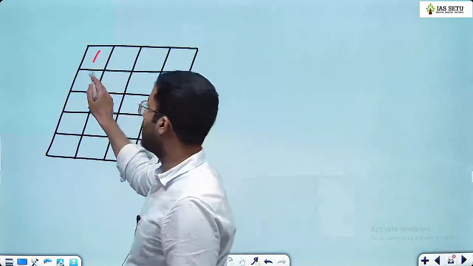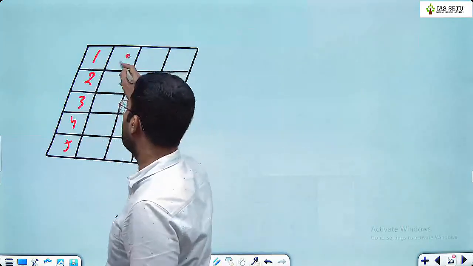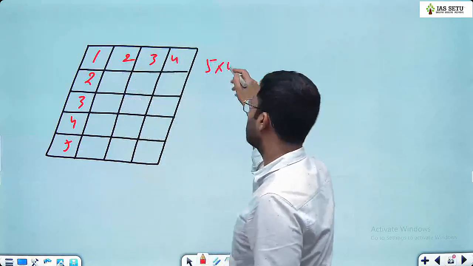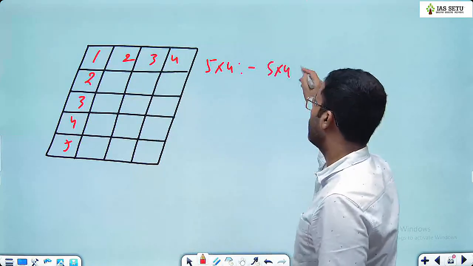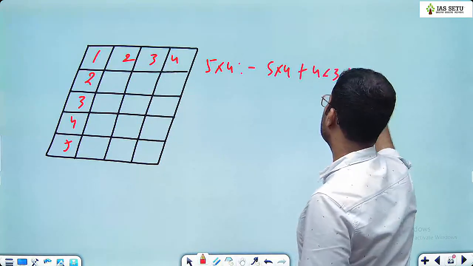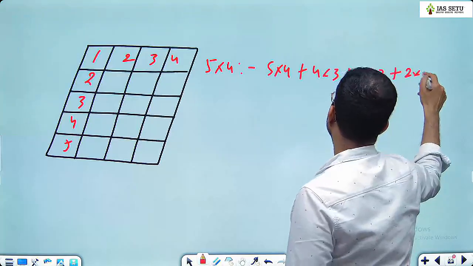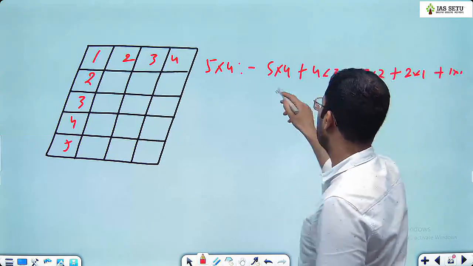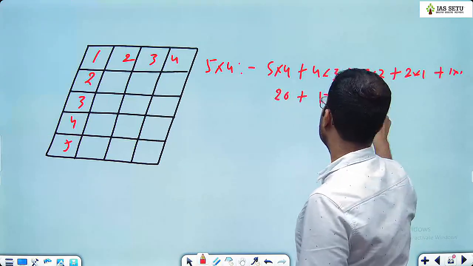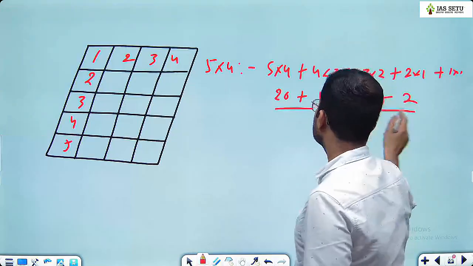Now this is 1, 2, 3, 4, 5, and 1, 2, 3, 4. This is 5 by 4. 5 into 4 plus 4 into 3, 3 into 2, 2 into 1, 1 into 0. This is 20 plus 12 plus 6 plus 2. This is 40.